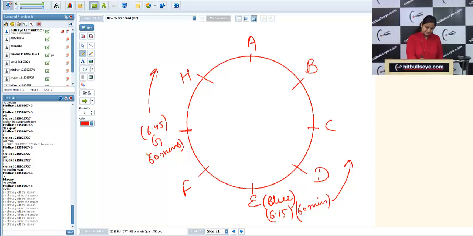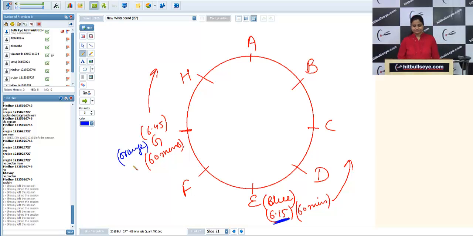The blue train is starting at 6:15 and the orange train is starting at 6:45. First of all, there are 8 gaps.